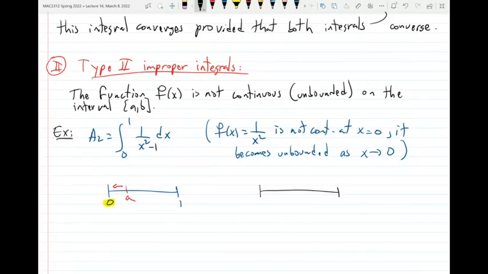Then the problem would be at 1, so we would have here some letter, let's say b, but this time we're going to approach 1. How do we approach 1? From the left. So you need to take the corresponding side limit.